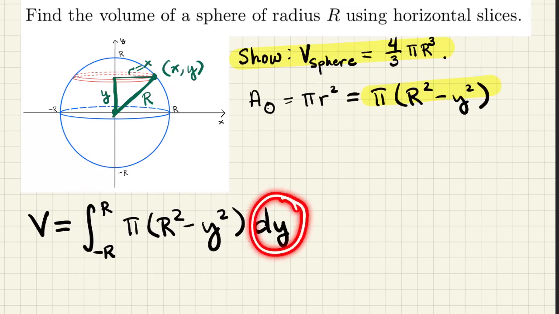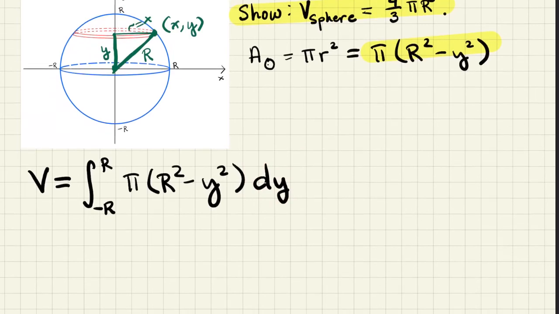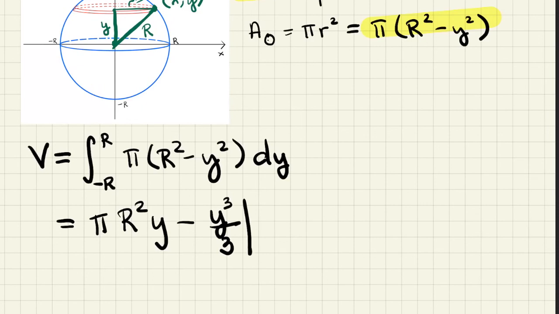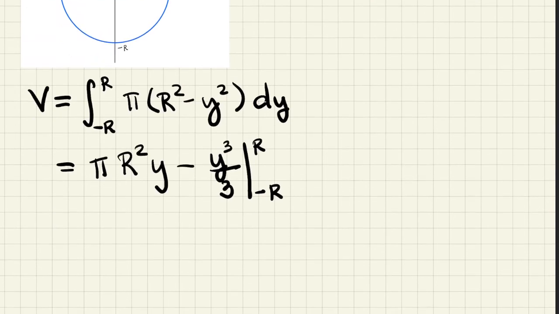This is dy since we are using horizontal slices. Okay, this is now equal to pi times R squared y minus y cubed all over 3 evaluated from negative R to R. But take note, this is easy to compute.